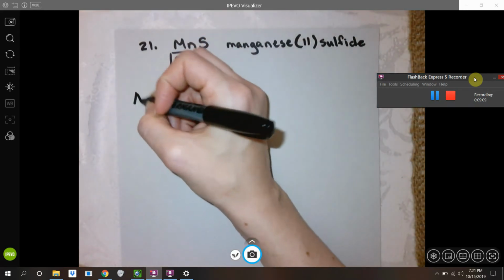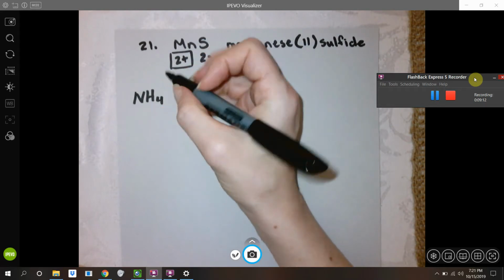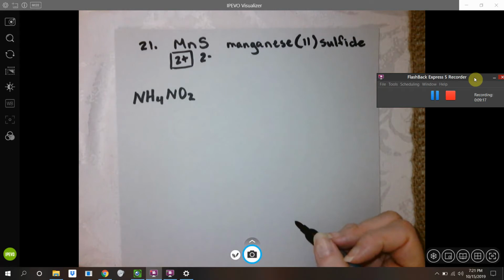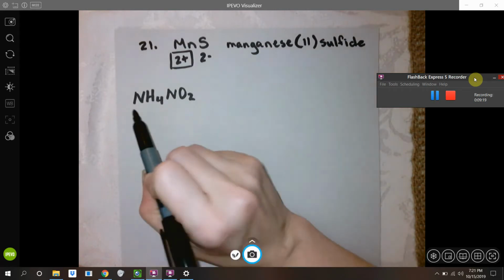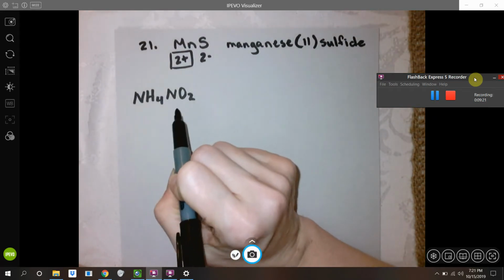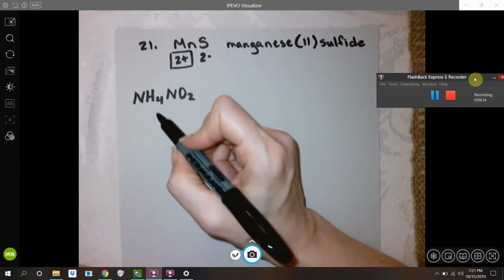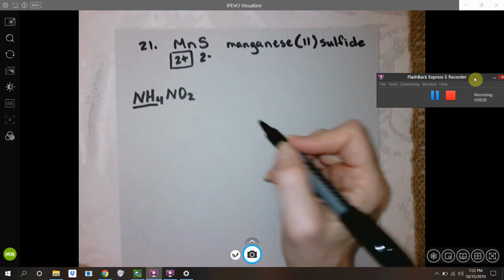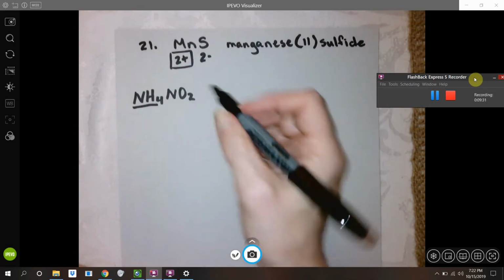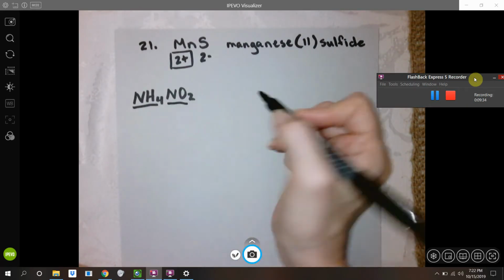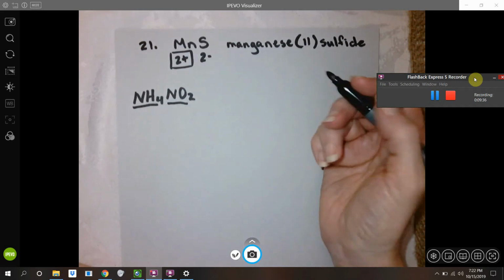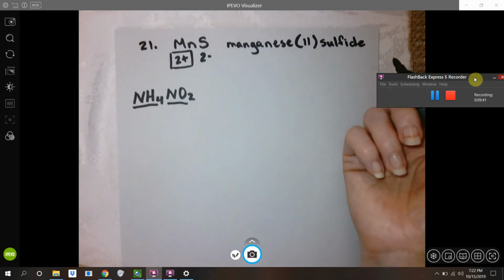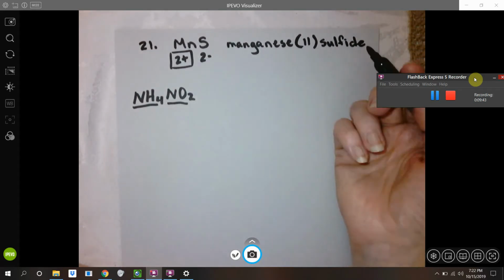Let's look at the next one. It says NH4NO2. Now, when you get questions that have a lot of different elements in them, you might want to go looking for polyatomic ions immediately. Here, NH4 is ammonium, and NO2 is also on your polyatomic ions list as, well, NO3 is on the list, nitrate, so NO2 is nitrite, ITE.